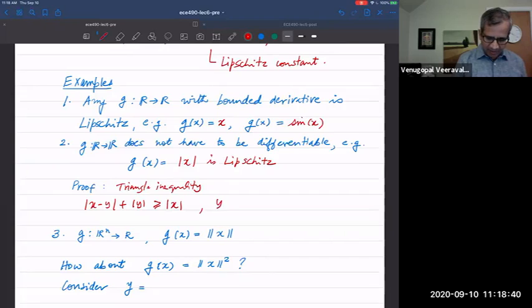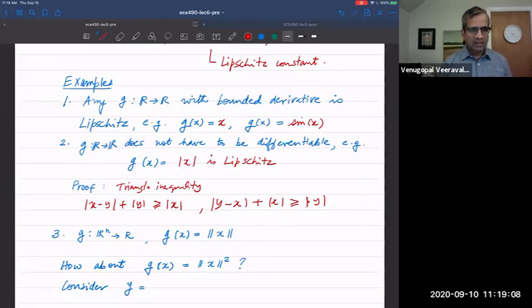And similarly, the absolute value of y minus x, which is the same as the absolute value of x minus y, plus the absolute value of x: y minus x plus x is equal to y, so this is greater than or equal to the absolute value of y. Then you combine these two inequalities and you conclude that the absolute value of absolute value of y minus absolute value of x is less than or equal to the absolute value of x minus y. So that's how you get that g is Lipschitz.